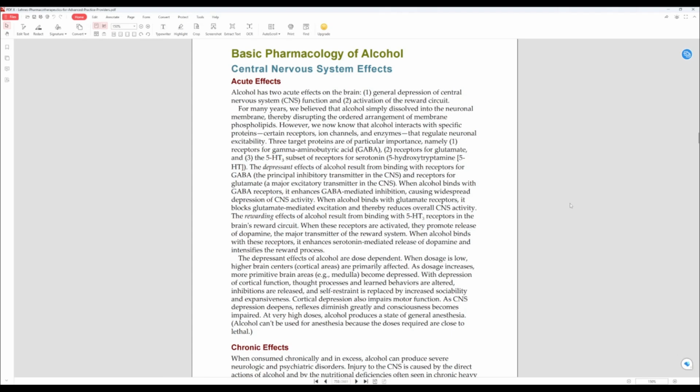The rewarding effects of alcohol result from binding with the 5-HT3 receptors in the brain's reward circuit. When the receptors are activated, they promote release of dopamine, the major neurotransmitter of the reward system. When alcohol binds with these receptors, it enhances serotonin-mediated release of dopamine and intensifies the reward process.